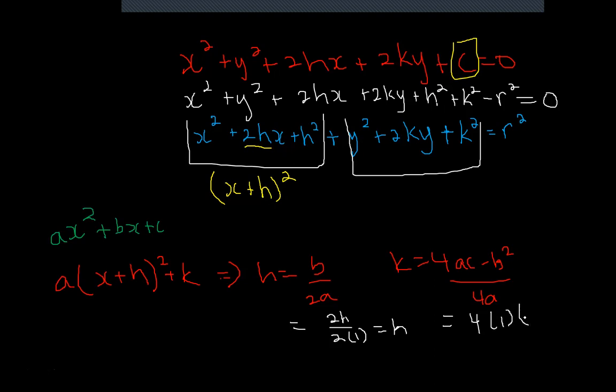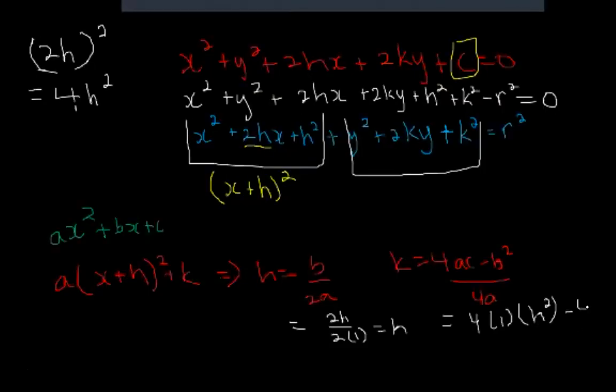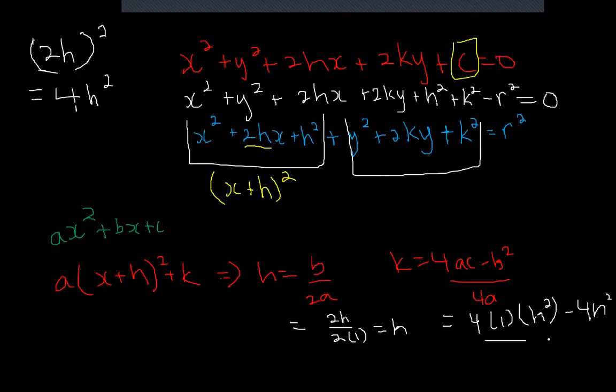And we said that c is h squared minus b squared. B is 2h. And 2h squared is equal to 4h squared. So that's minus 4h squared, all on 4 times a, and a is 1.